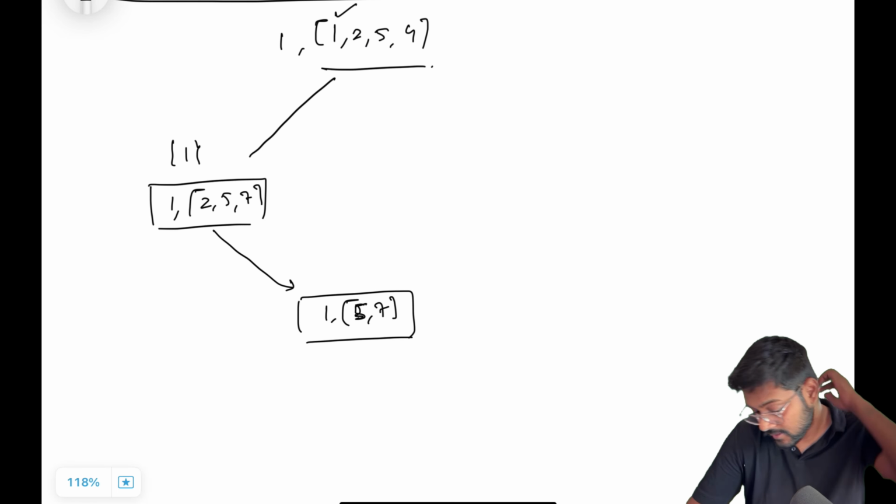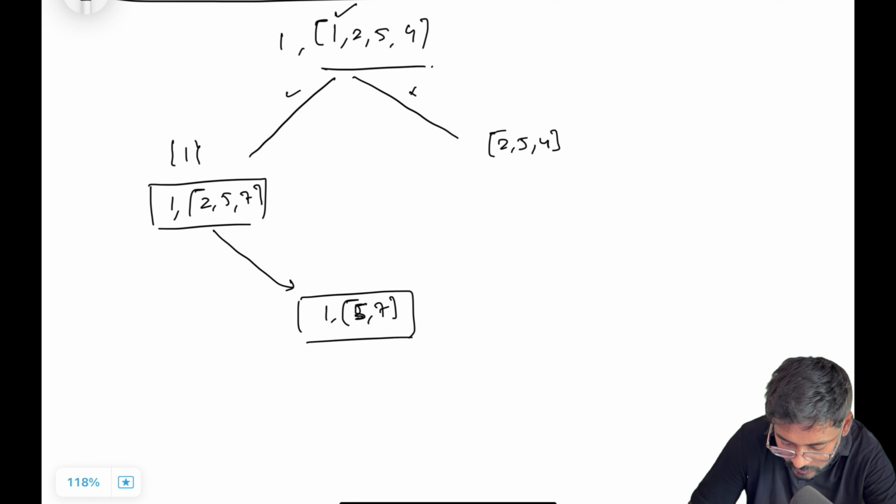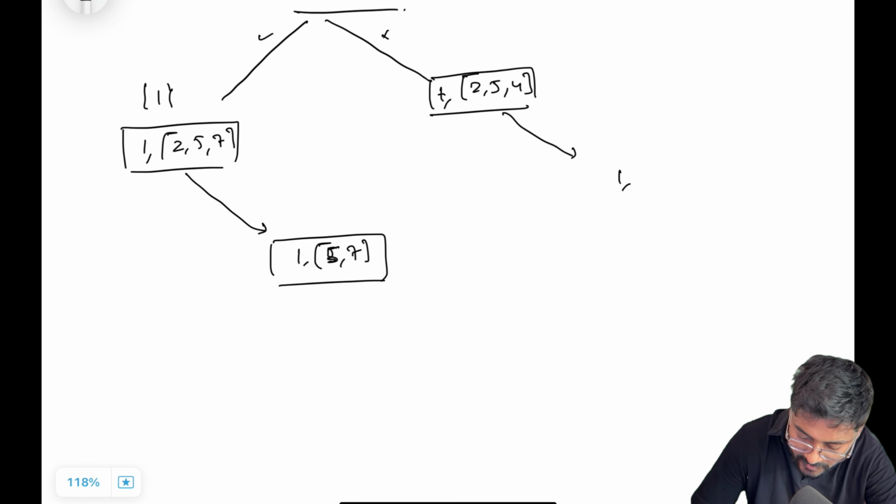And now let's take a different case, when we are not taking 1. If we are not taking 1, we have 2, 5, 4 with previous 1. If we are not taking 1, again we are getting the same problem. If we are again not taking 2, 1 is the previous element, and 5, 4 is the array.